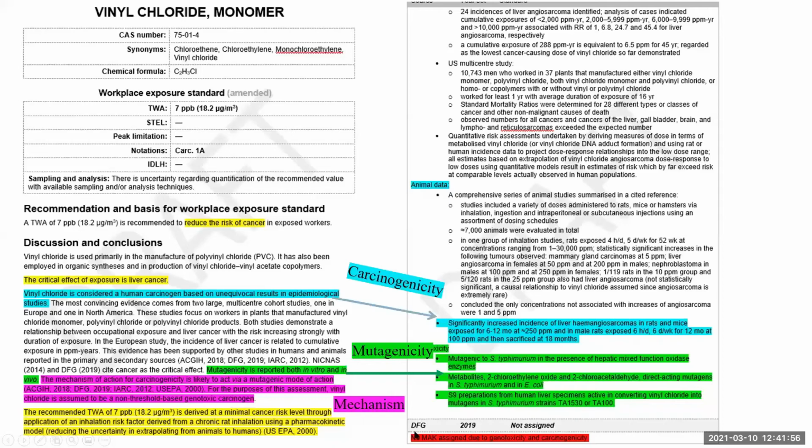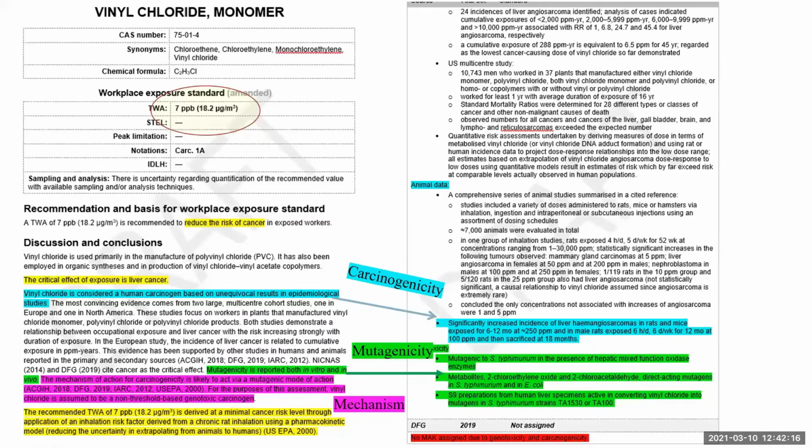Also of note, some of the primary sources wouldn't assign values if a chemical was genotoxic or exhibited carcinogenic properties. I hope that made a little bit of sense there, and I'll move on a bit.